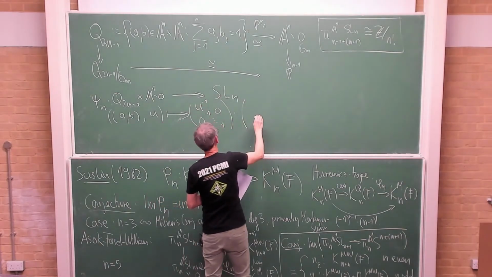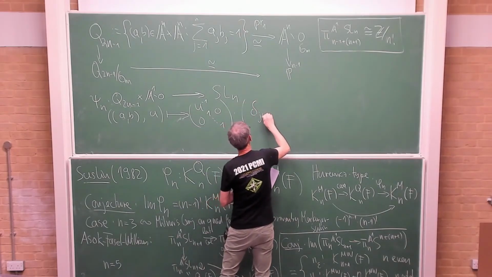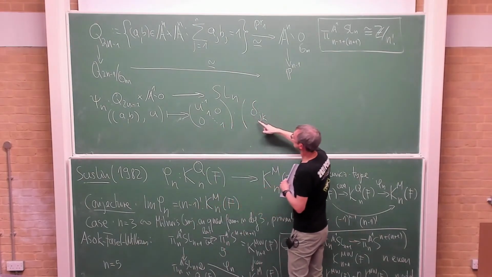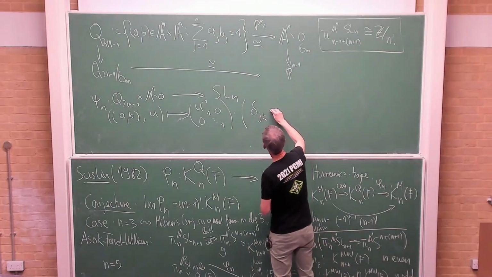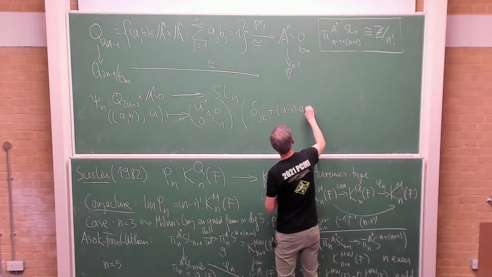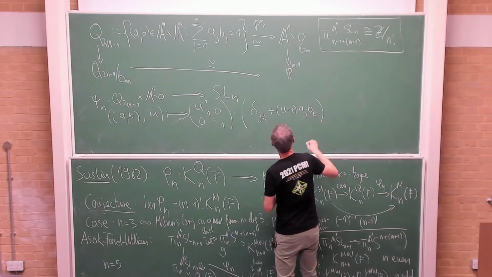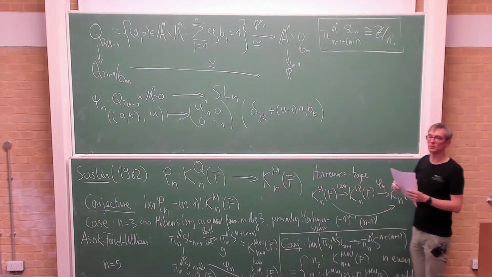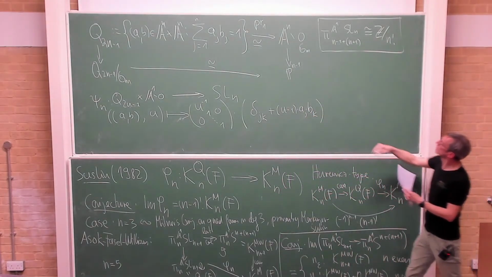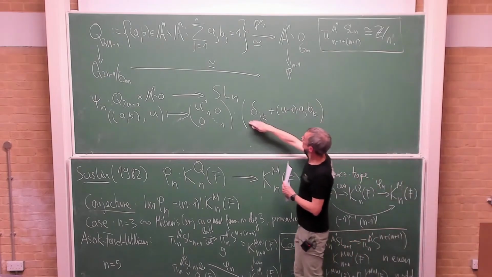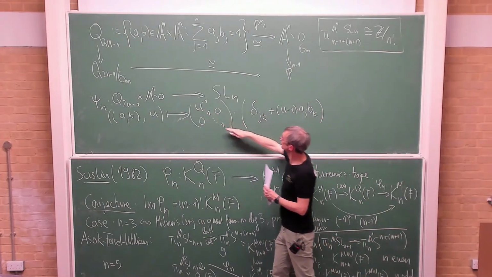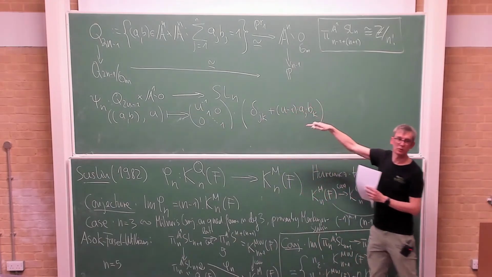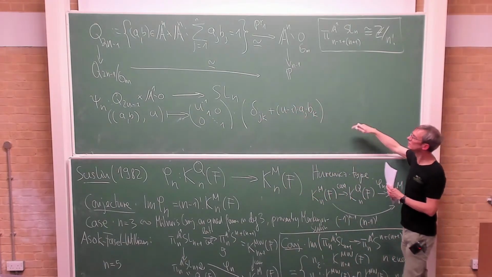And then I multiply with the matrix, which is here the Kronecker symbol delta_jk plus minus 1 times a_j times b_k. And then there's some algebra to check that the determinant of this here is u. So when you multiply with this here, you get an invertible matrix of determinant 1.